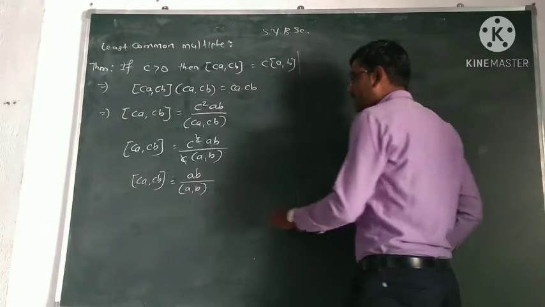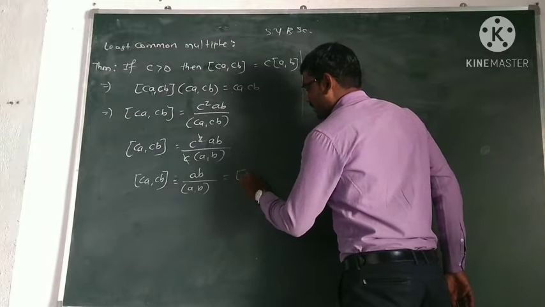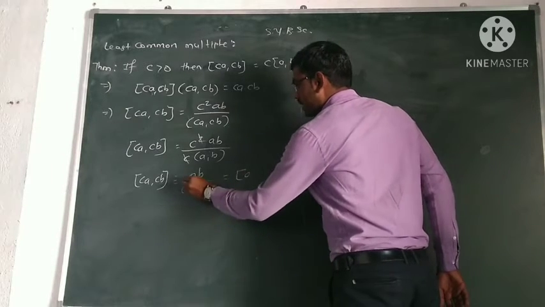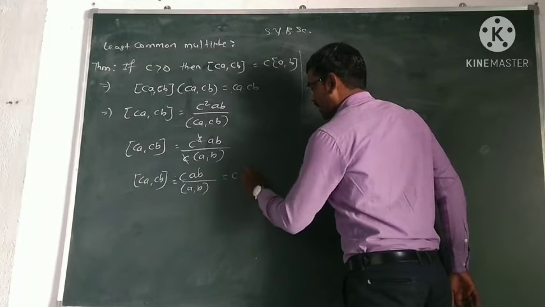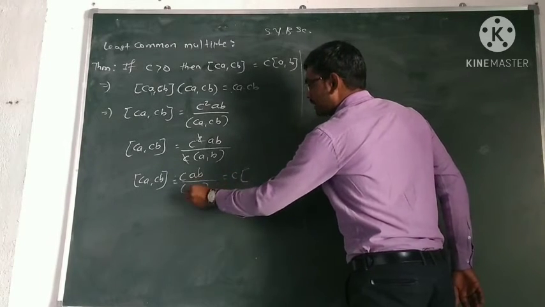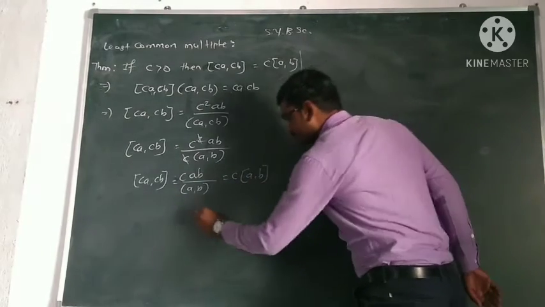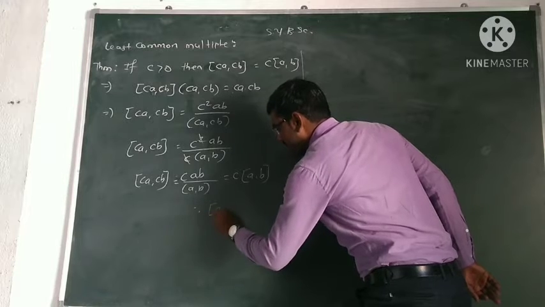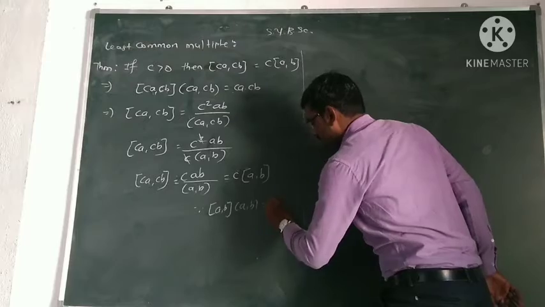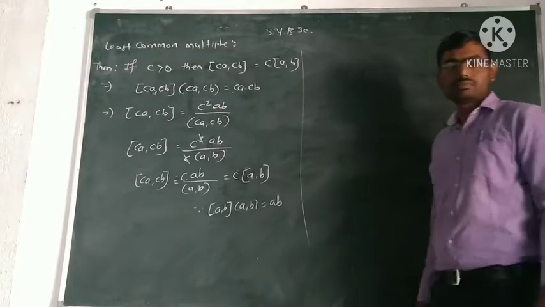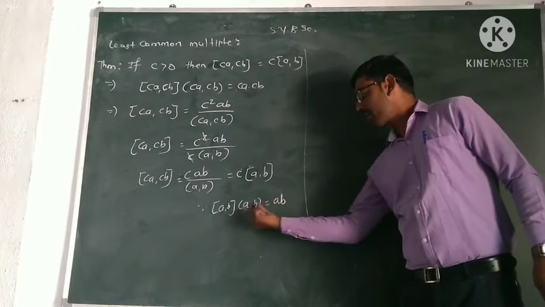So this is nothing but LCM of CA and CB: one C remains, C into AB upon GCD of AB, so C as it is, and AB upon GCD of AB is nothing but the LCM of AB. Why? Since LCM of AB into GCD of AB is equal to AB, this implies LCM of AB is equal to A into B upon GCD of AB.